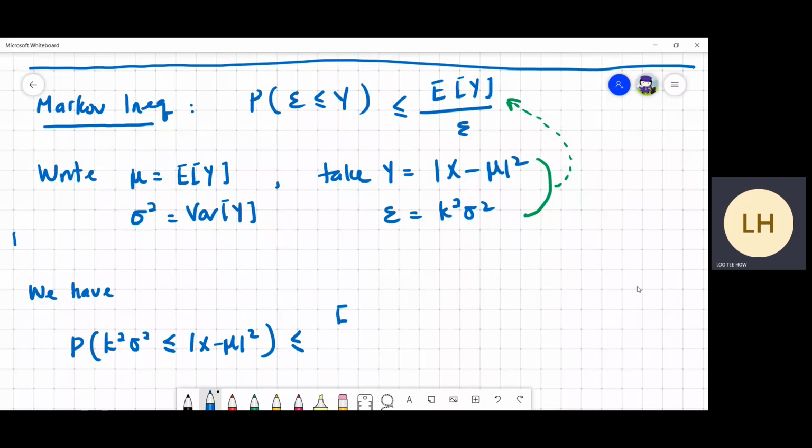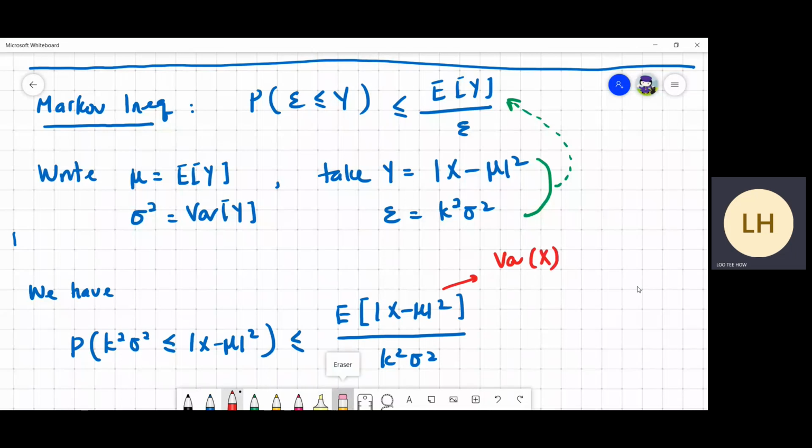So this will be less than E of x minus mu square over epsilon, where epsilon is k square over sigma square. According to the definition, I think it's clear. Sorry, this should be x instead of y.